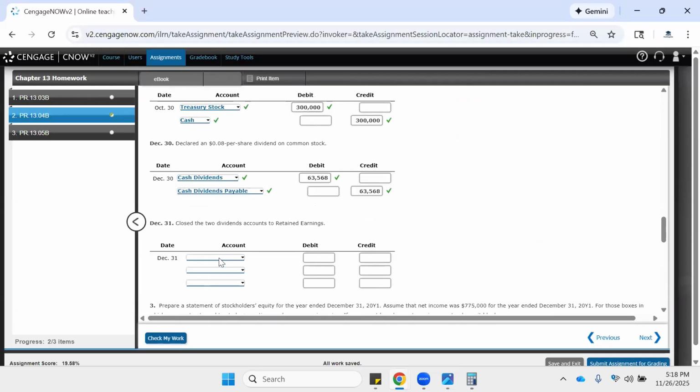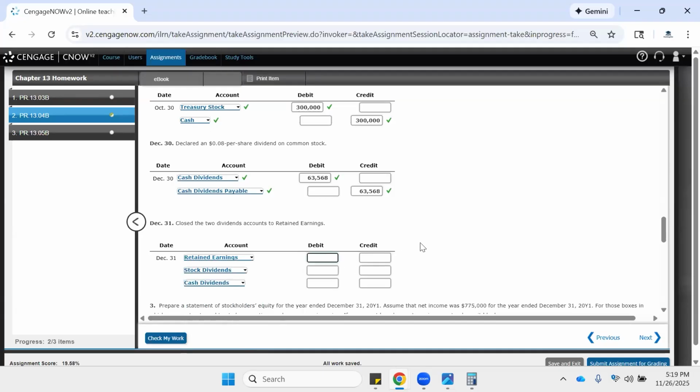Then on December 31st, we have a journal entry to close the two dividend accounts to retained earnings. Dividends are initially a debit.